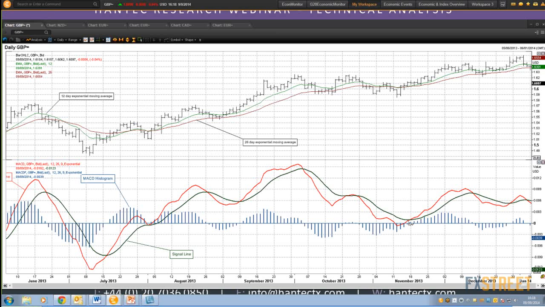I would rather buy a crossover on a retracement back to the center line than gamble on a big trend reversal, because one thing that experience has told me in technical analysis is that the trend is your friend. A lot of trading mistakes come from believing that there is a trend reversal going on when in fact it's just a retracement within a bigger trend, and then you make the mistake of effectively trading counter trend.